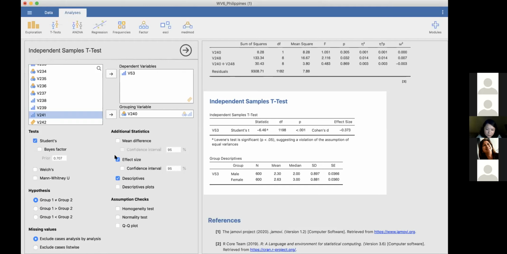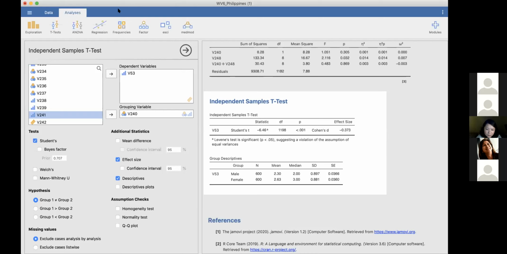Mikey, you want to try again? Yes, ma'am. So, for example, for male, male agrees that men make better political leaders than women do. Yeah. Tama po ba? Yeah, so you might say that. So men have a higher belief that they make better business executives than females.